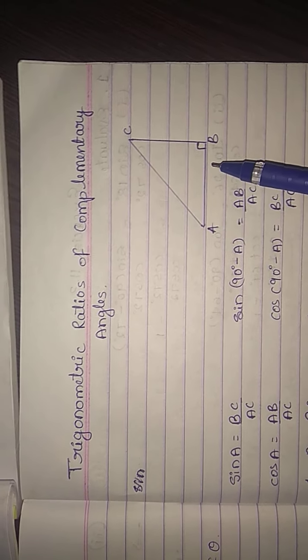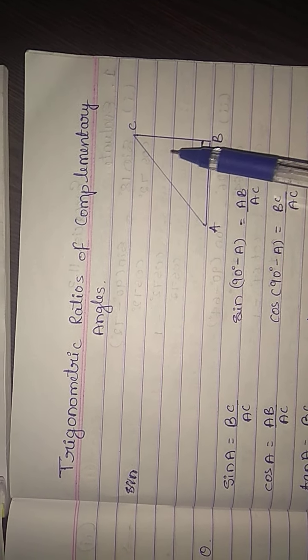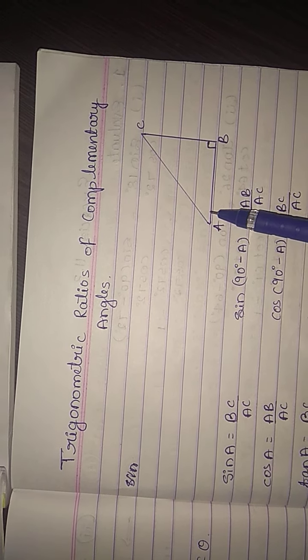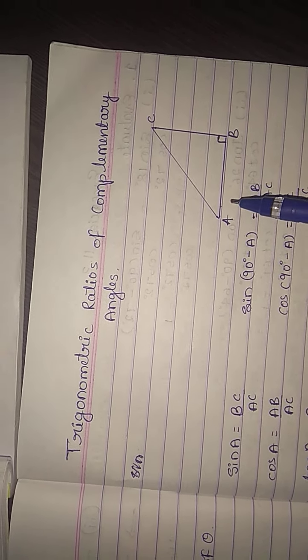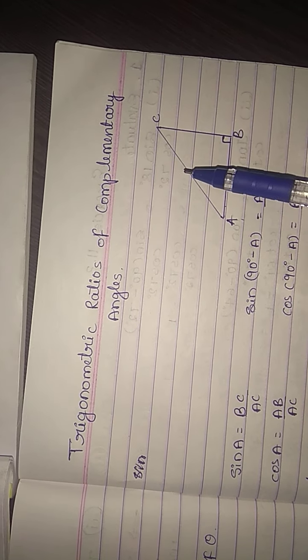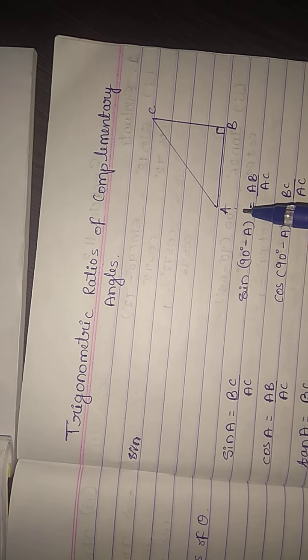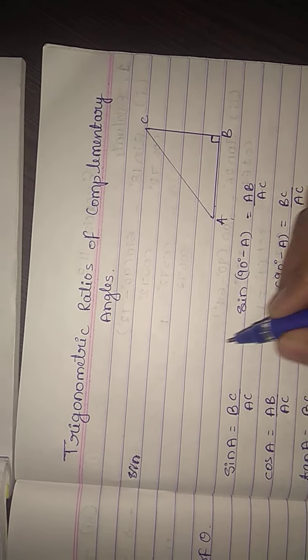Look here. Angle B is 90 degrees. So the sum of the remaining two angles, that is angle A and angle C, ought to be 90 degrees, or not? So we can say angle A and angle C are complementary angles, which means that their sum will be equal to 90 degrees.